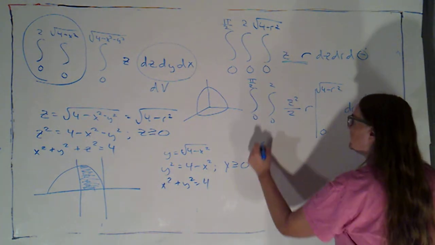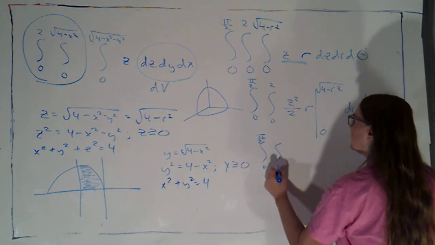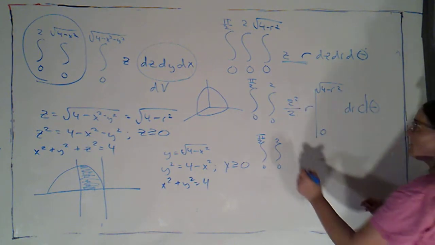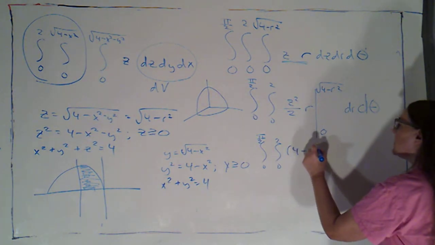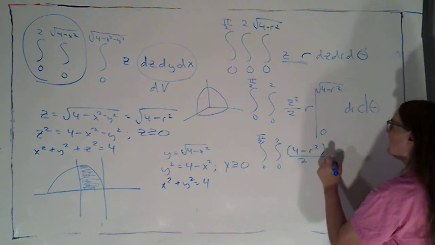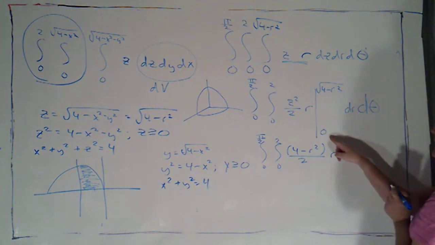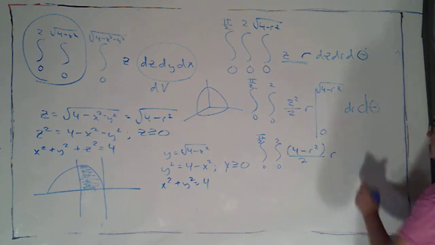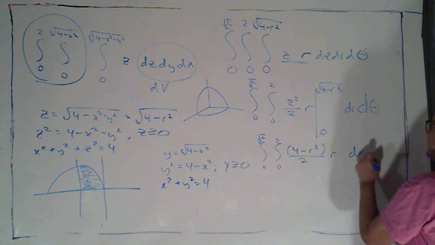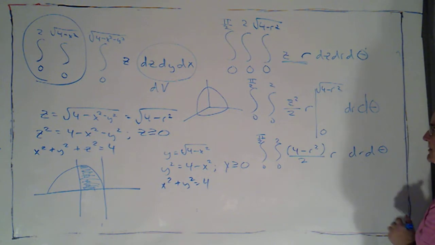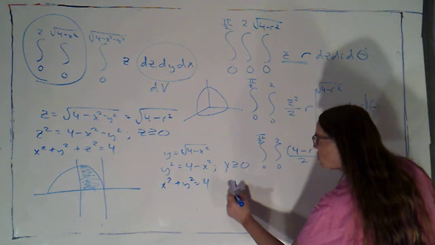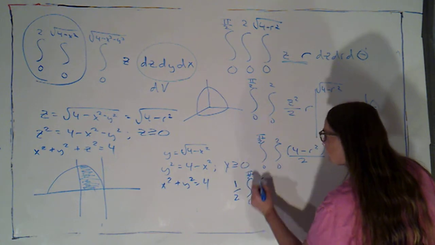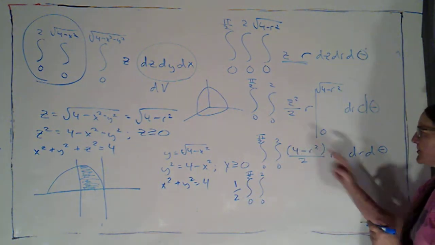So that's the integral from 0 to pi over 2, integral from 0 to 2. When I plug this in and square it, I just get (4 minus r squared) over 2 times r, minus, when I plug in 0 for z, I just get 0. So we still have to integrate that dr d theta. I'm just going to factor out that 2 on the bottom. Integral from 0 to pi over 2, integral from 0 to 2, and let's distribute that r.